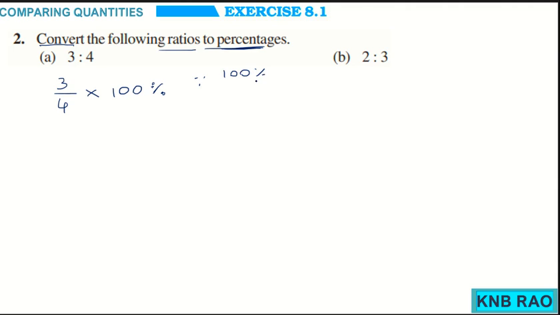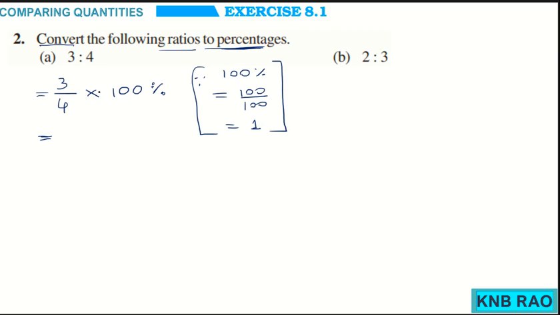The 100 percentage symbol is nothing but 100 upon 100. It is nothing but 1. So when you multiply any number by 1, that number gets no change. So 3 by 4 into 1 has no change at all.